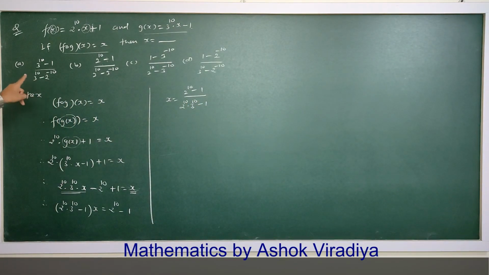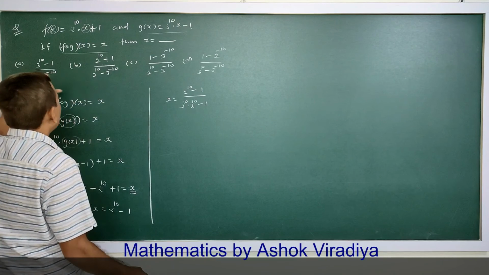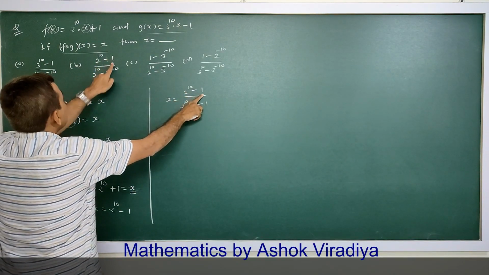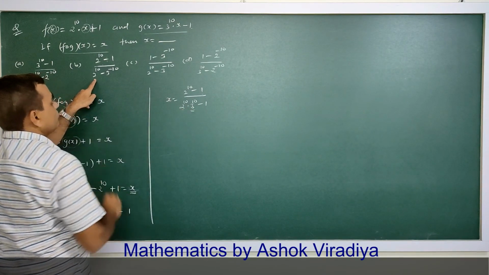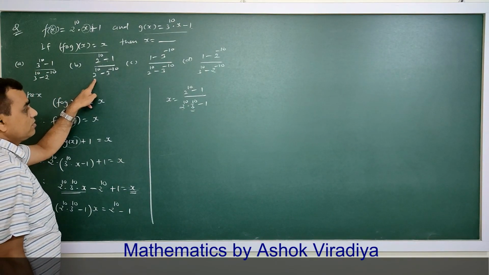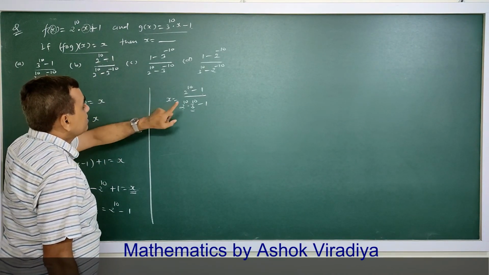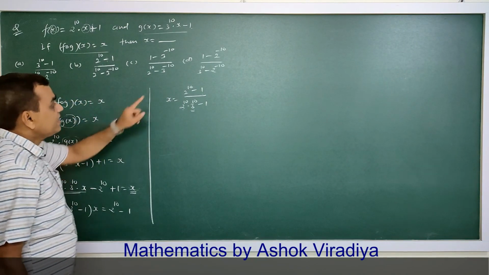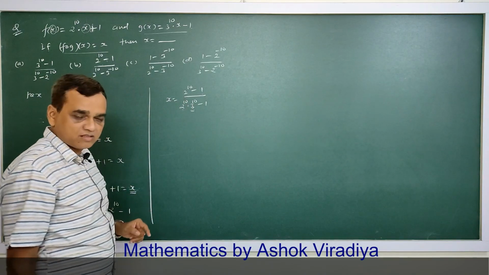Now to get the answer in this form, we need one of these 4 options. Here 2 raised to 10 minus 1 is visible, but we don't need this value. So what we do is divide numerator and denominator either by 2 raised to 10 or by 3 raised to 10.